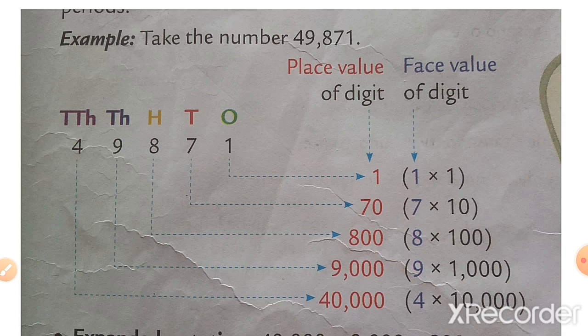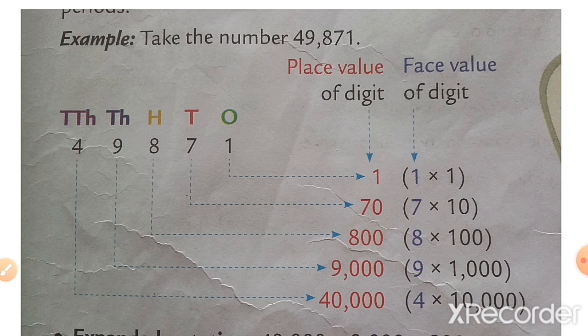Here we are going to write the place value for these numbers. To write the place value, we have to multiply the face value with their places. The face value is nothing but writing the number as it is. Whatever the number is given, you have to write it as it is.